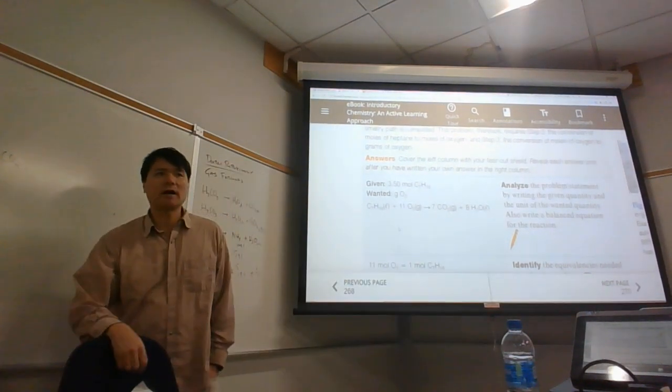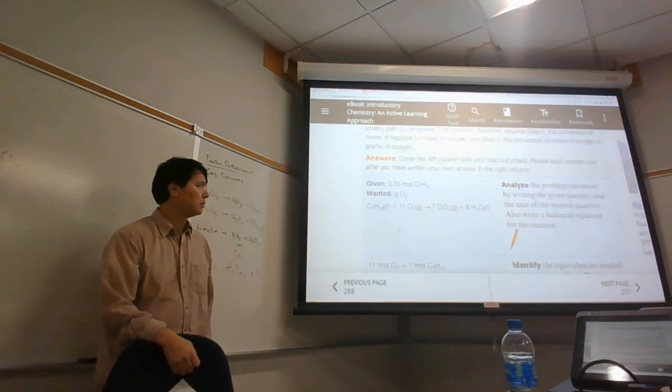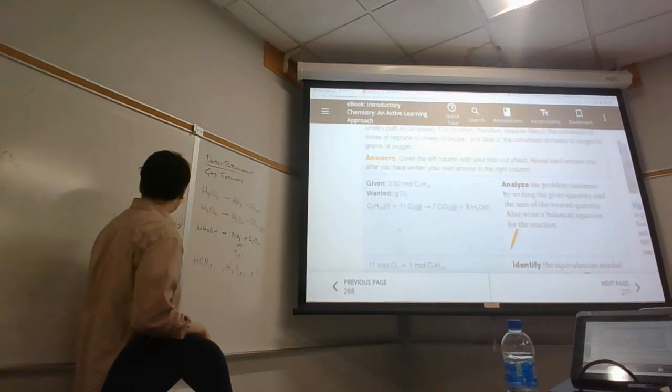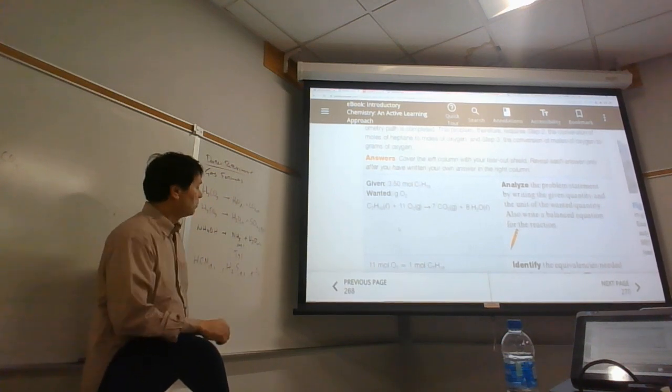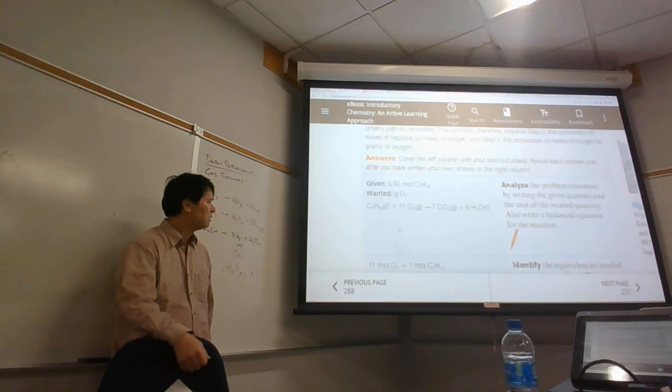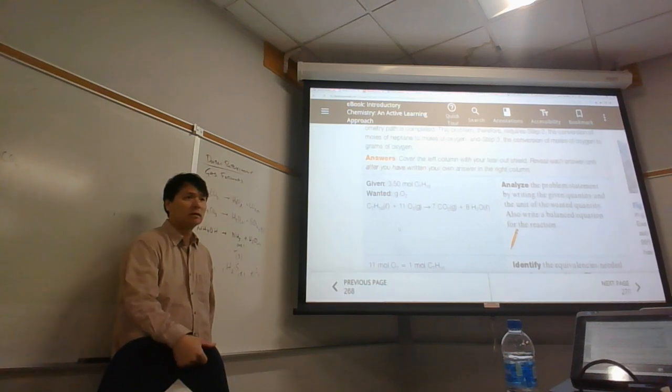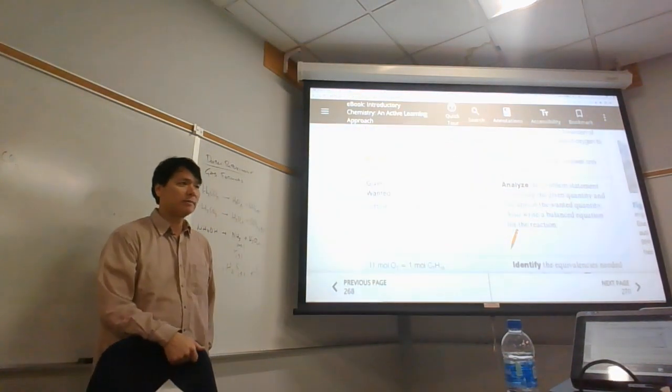And so you'll have to calculate the molar mass of heptane. Molar mass of CO2, I just read that up there, 44.01. But what would the molar mass of heptane be?